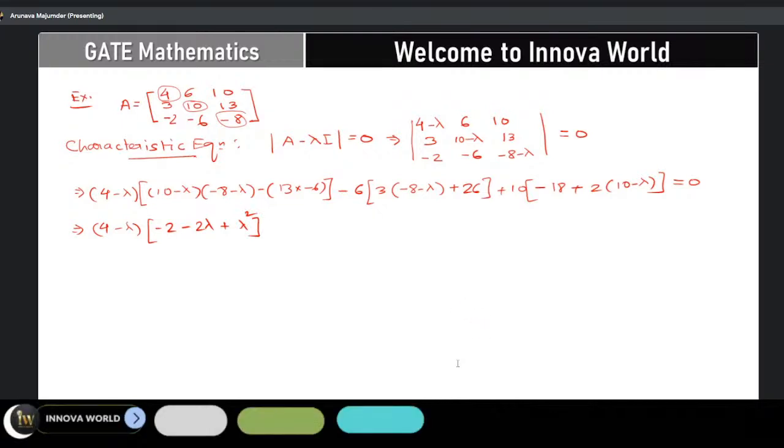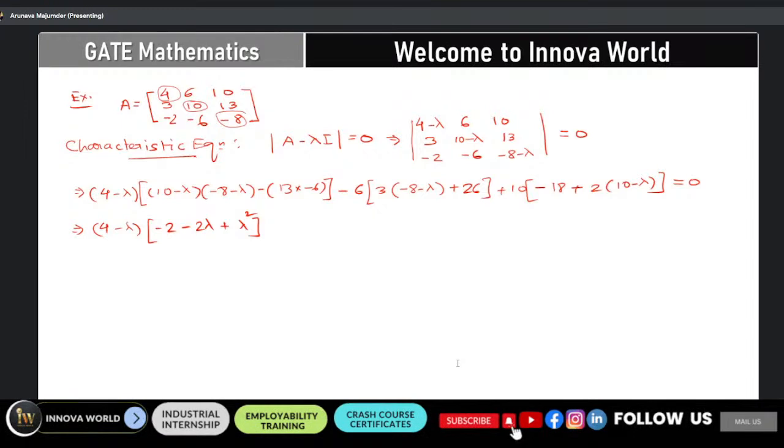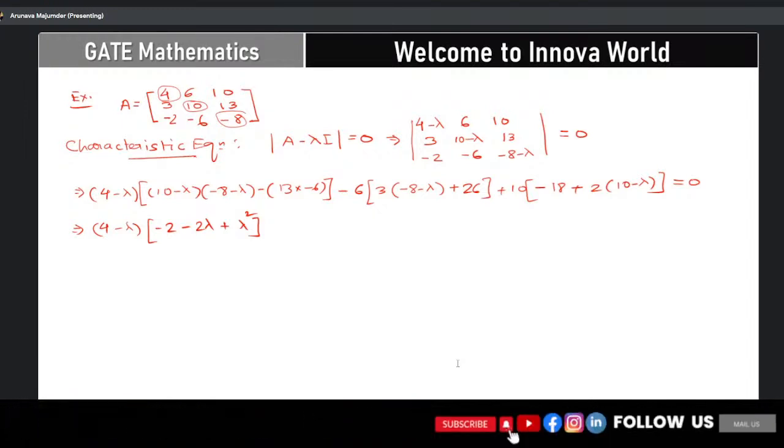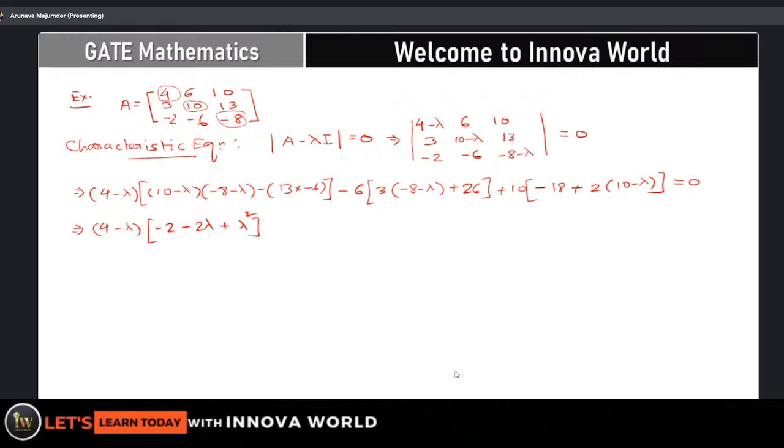So this is the final equation. After the simplification of this, it will be a cubic equation actually.